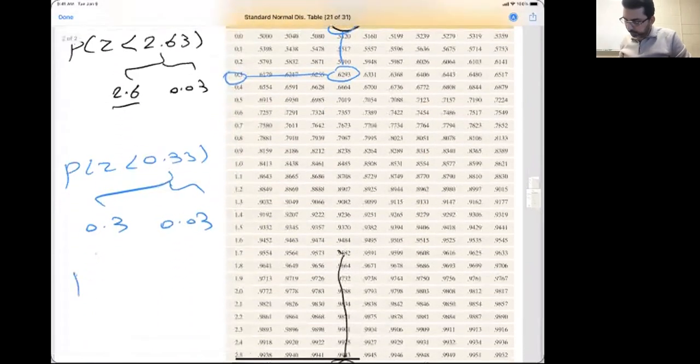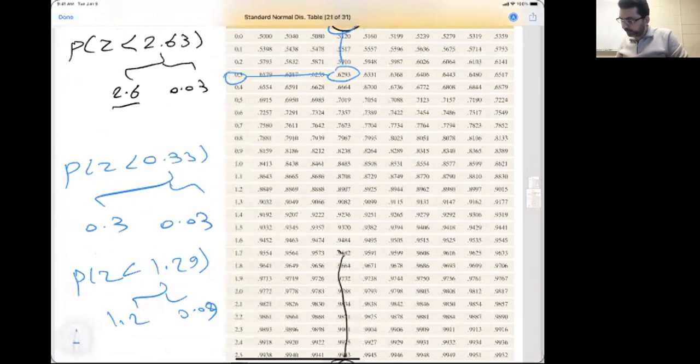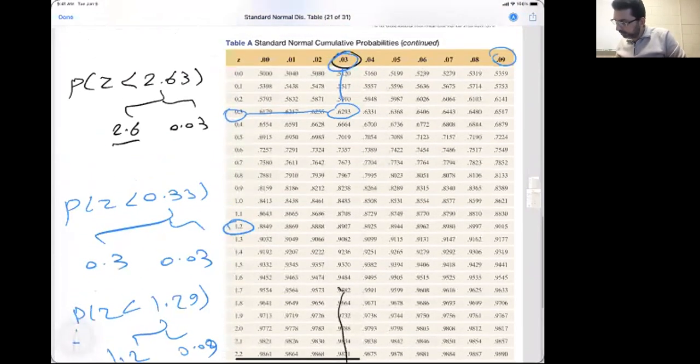We need the probability that z is less than 1.29. 1.2 is here, 0.09 is there, so it's 0.9015.